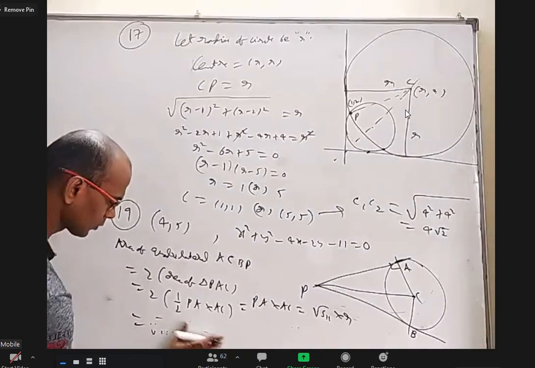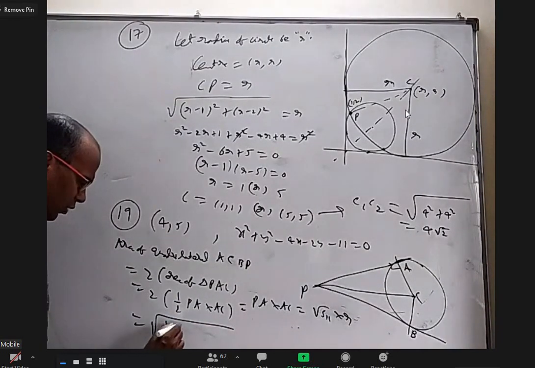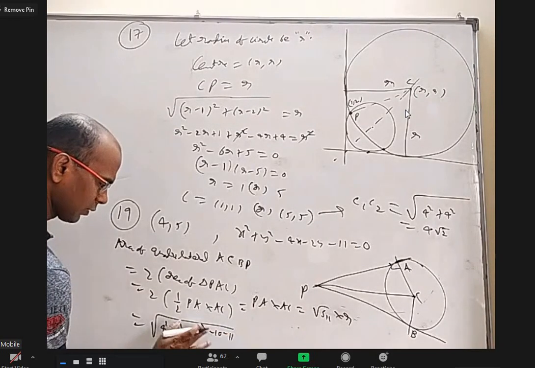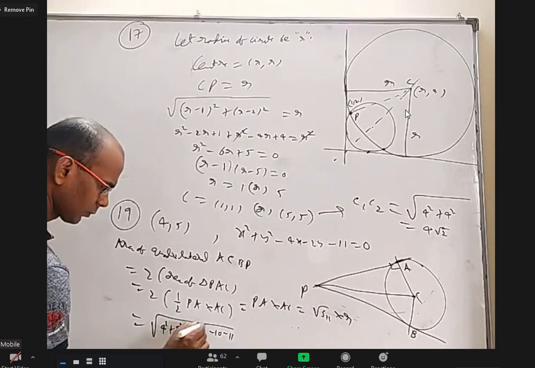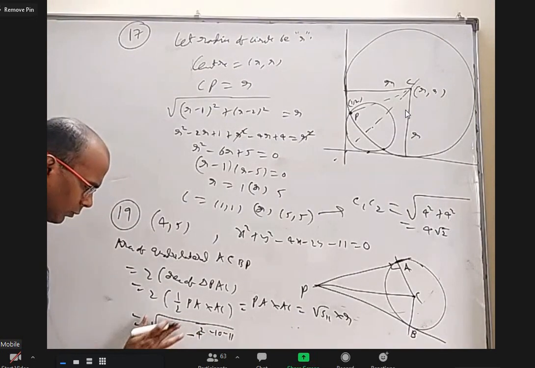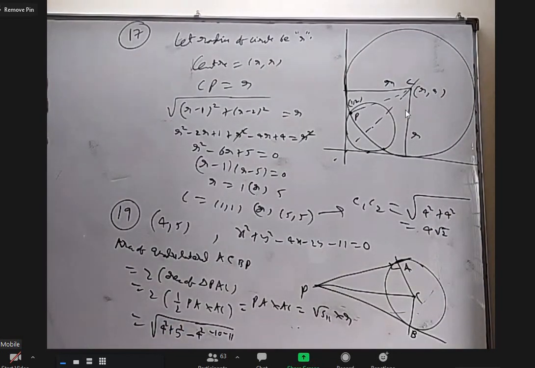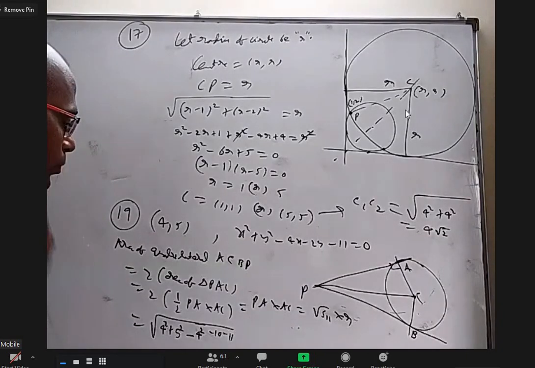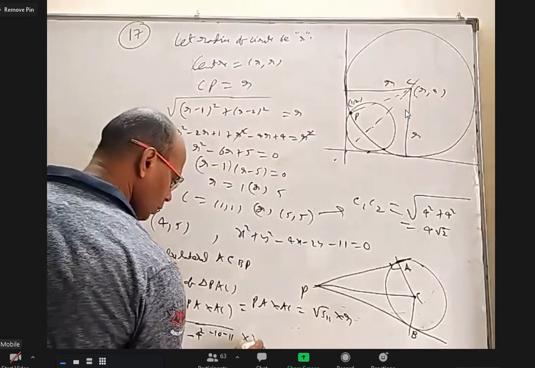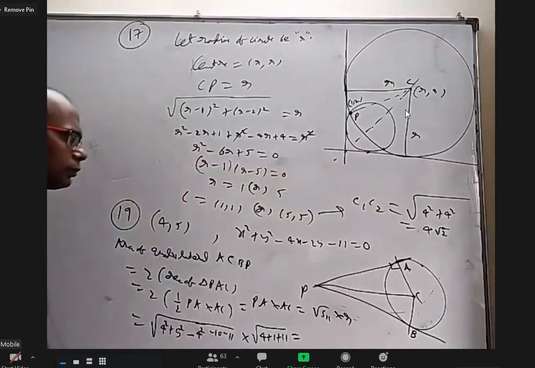S11 is 4 square plus 5 square minus 4 square minus 10 minus 2, into the radius, root over 4 plus 1 plus 10.